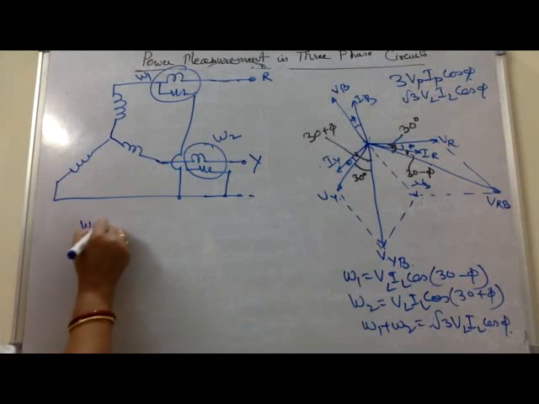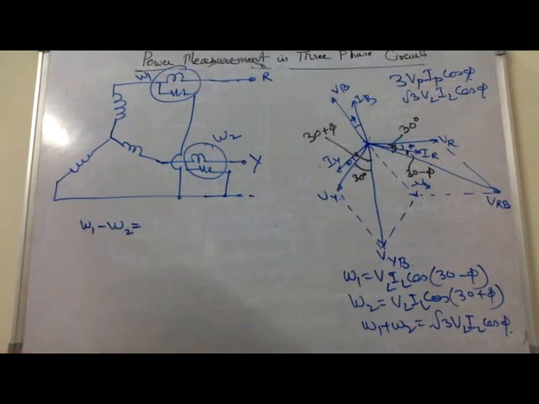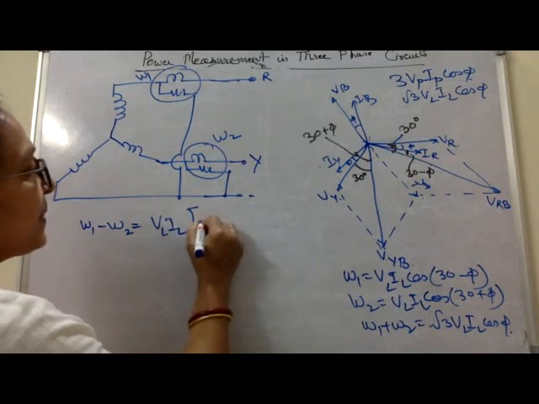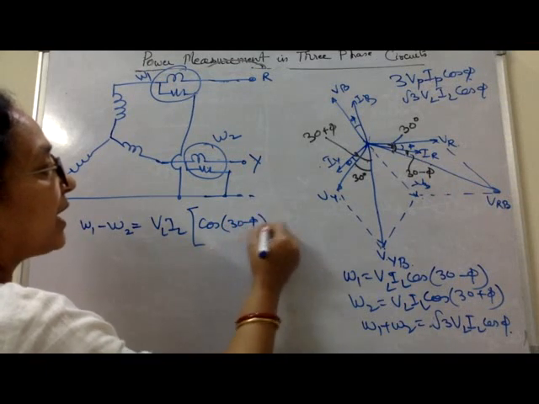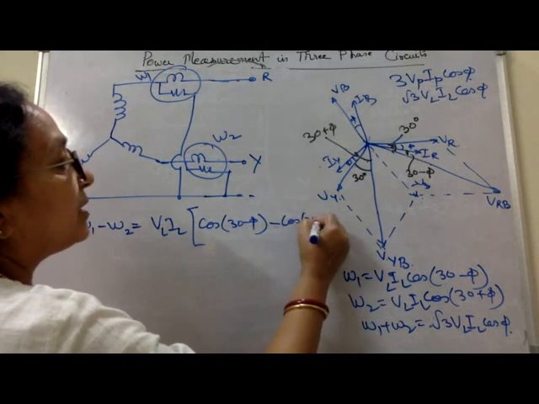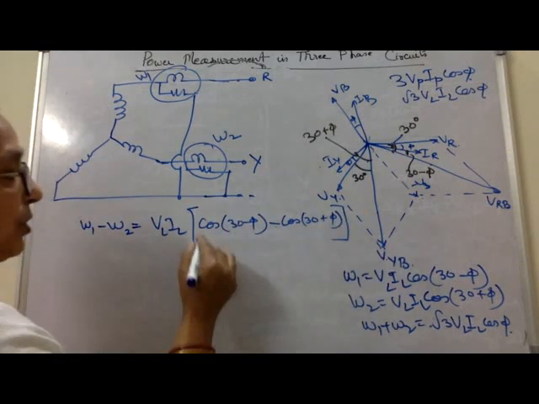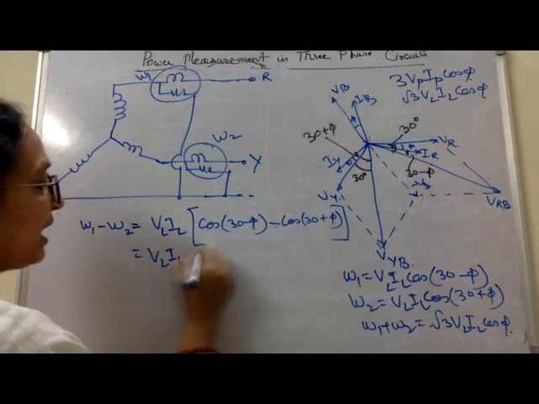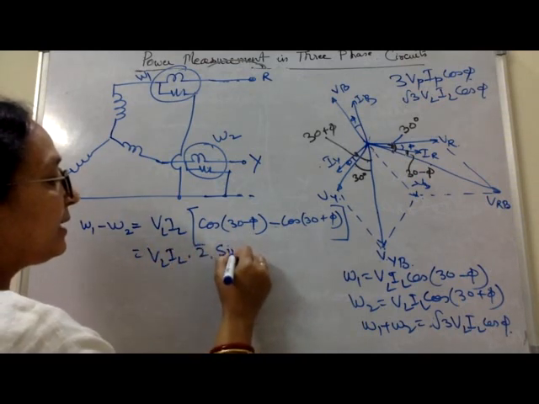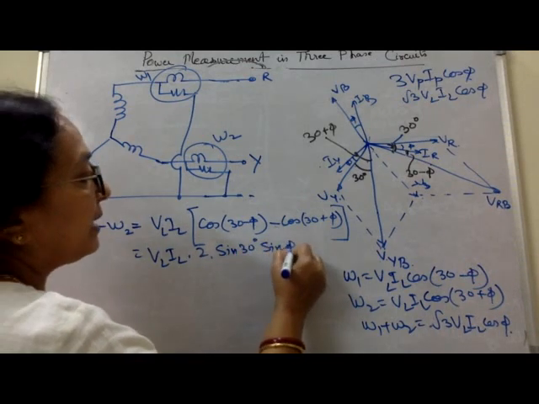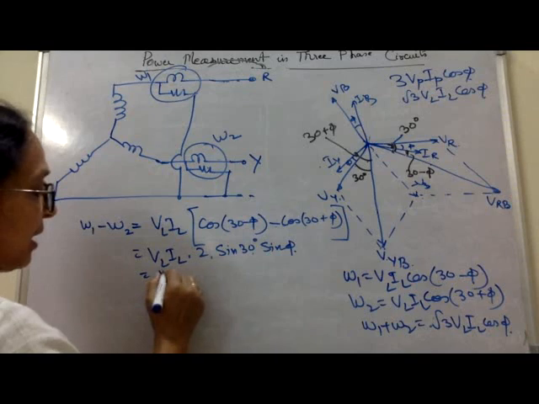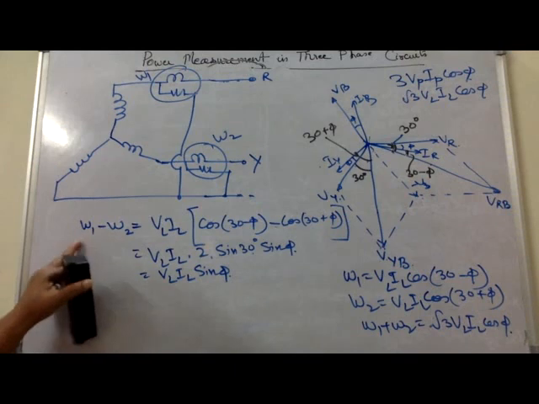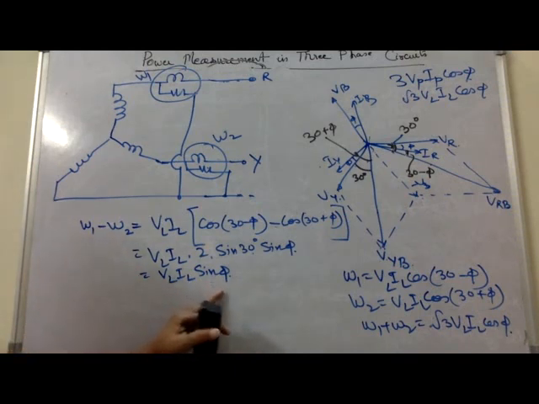Now W1 minus W2 means VL IL, again taking the common term, cos (30 minus phi) minus cos (30 plus phi). The cosine terms cancel out and you are left with VL IL into 2 sine 30 degree sine phi. Sine 30 is half, so W1 minus W2 is VL IL sine phi.